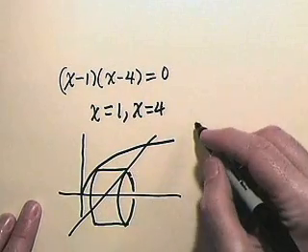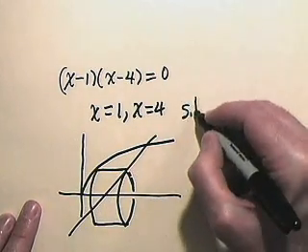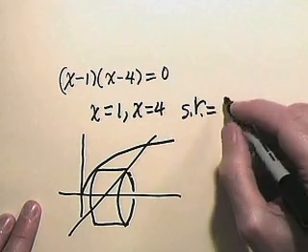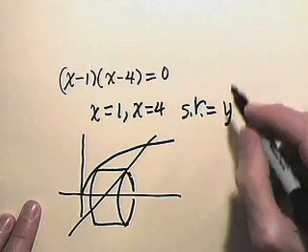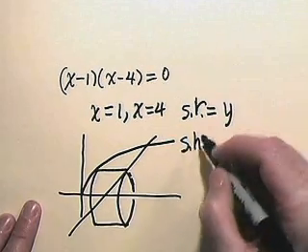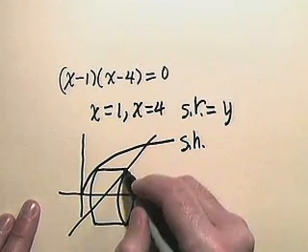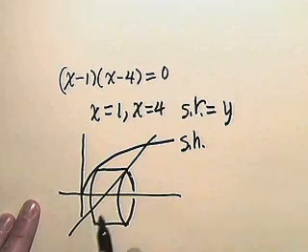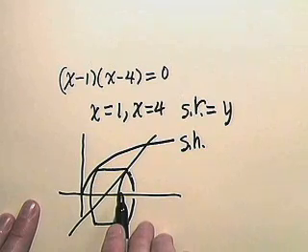So our shell radius is equal to y, and our shell height is the difference of the x-coordinate here and the x-coordinate here.